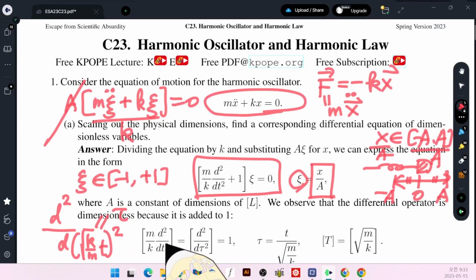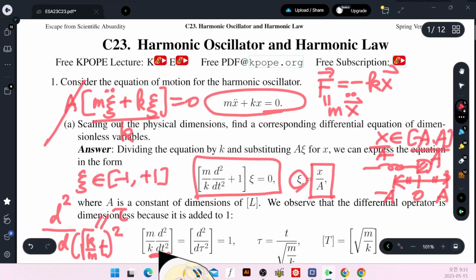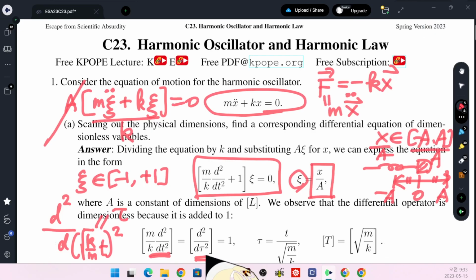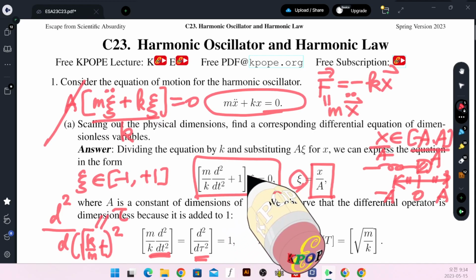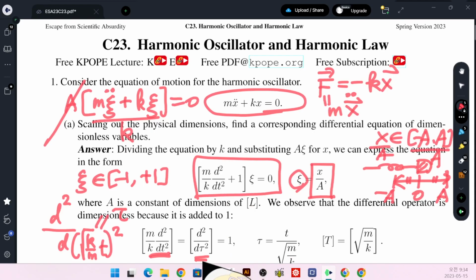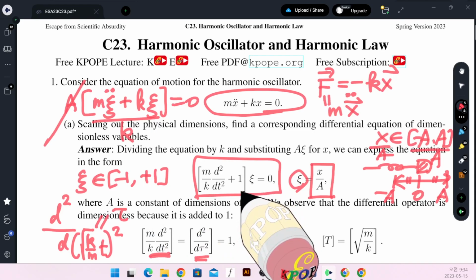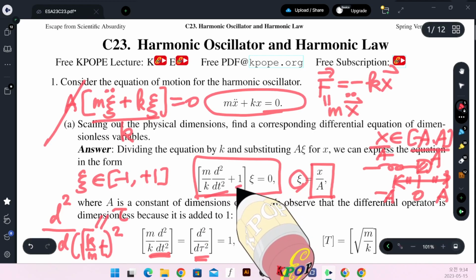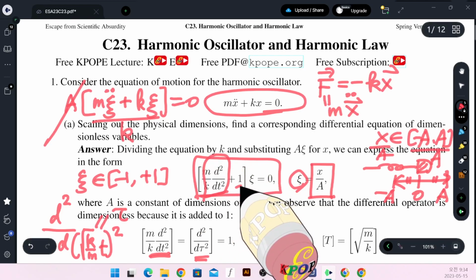So this can be defined as the double derivative with respect to the scaleless time tau, and that is dimensionless. It is apparent that this second order derivative operator, proportional to the second order time derivative, is dimensionless because it is added to 1.